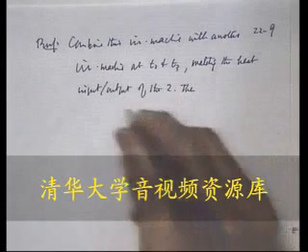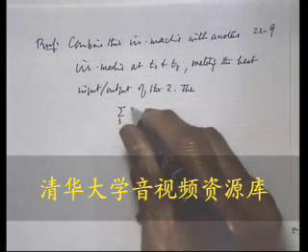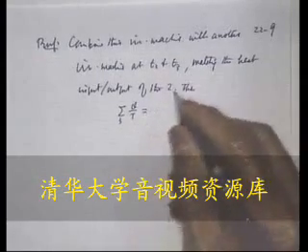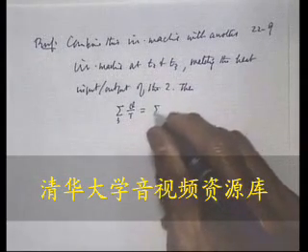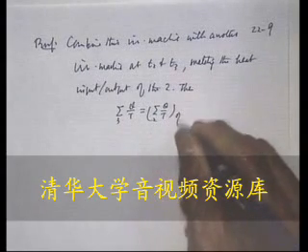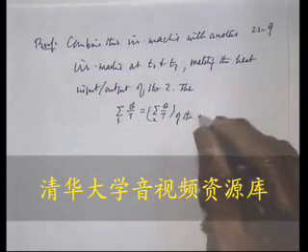Then summation of 三个 Q over T 是等于 summation of Q over T 两个 of the combined machine.